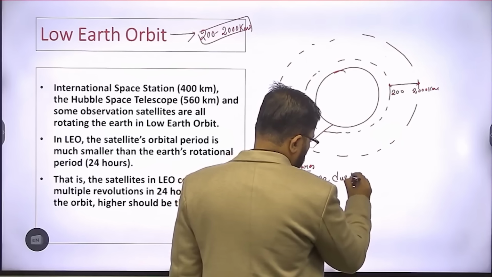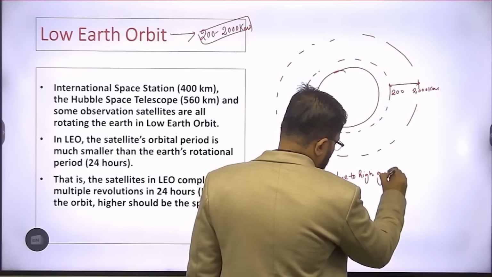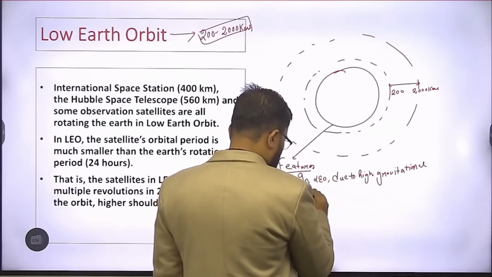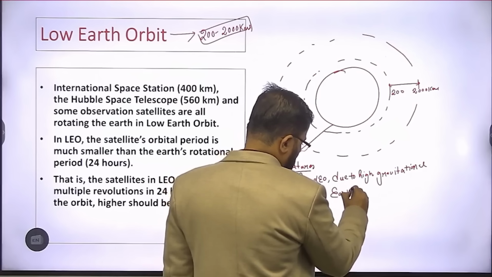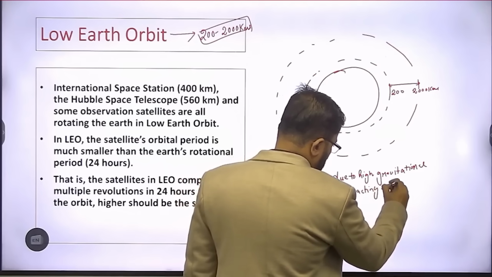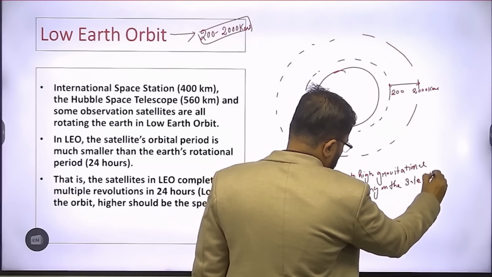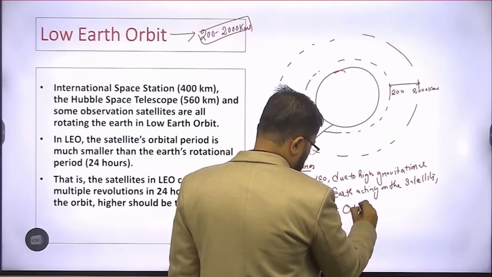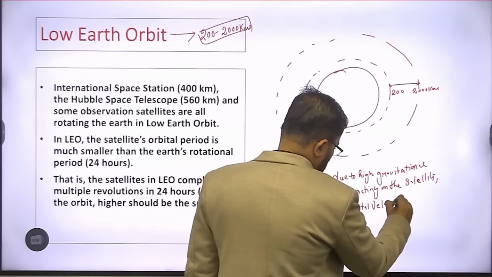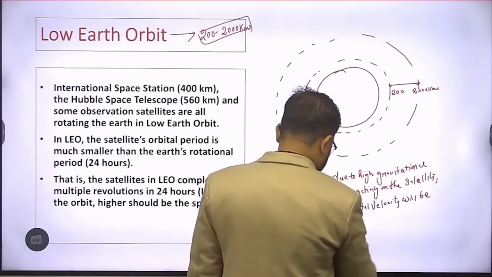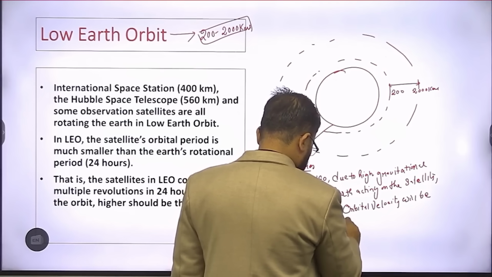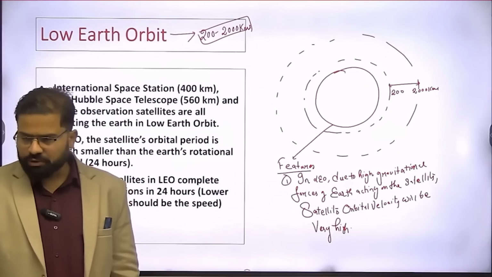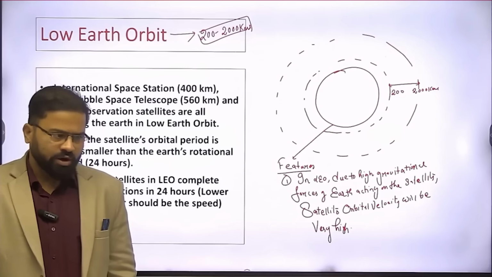Due to high gravitational forces of Earth acting on the satellite in low Earth orbit, the satellite's orbital velocity will be very high. Is it? Okay. Since at this particular point the Earth's gravitational forces are high, to counteract the same, the satellite will move with higher orbital velocity. First point.